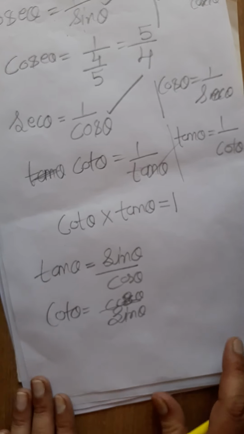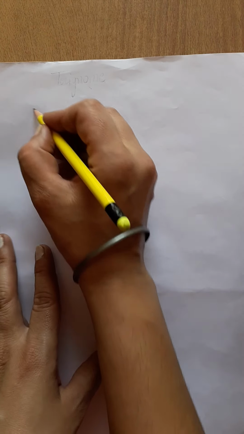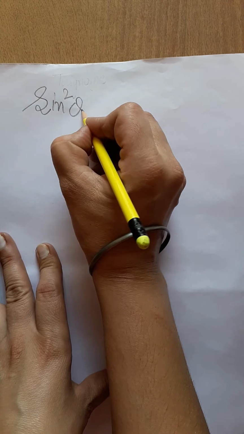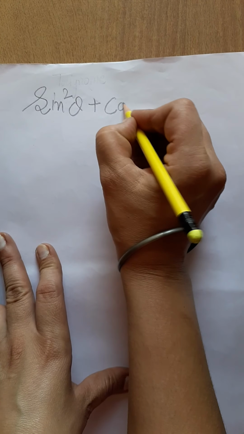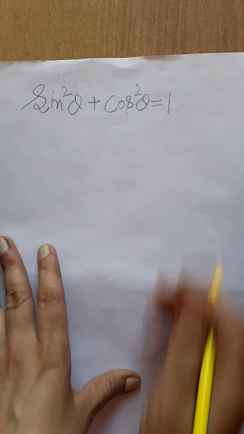Okay, now we see our next identities. Because when we move on to our next topic, we use some identities. You can remember them if you want to solve your questions. Sine square theta plus cos square theta is equal to 1.